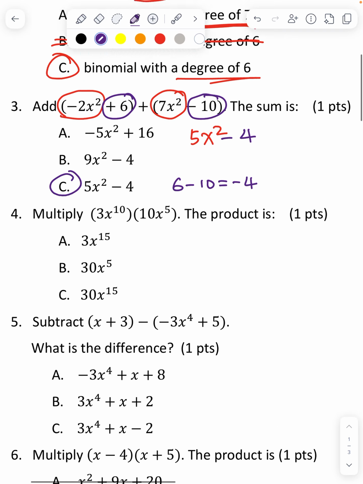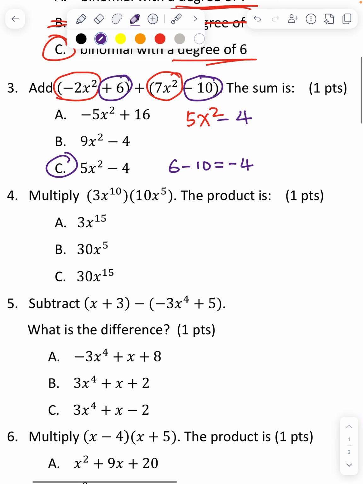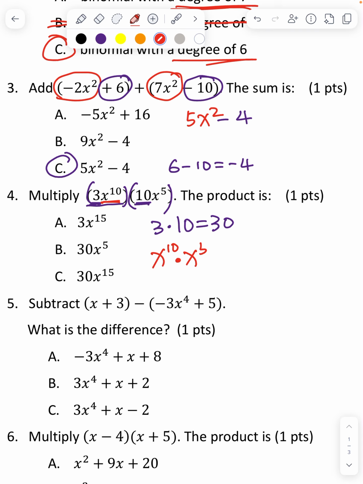Number 4, multiply. We have two parentheses together with nothing between them, so that's multiply. We use number times number, so 3 times 10, that's 30. And then we check x raised to the power of 10 times x raised to the power of 5.